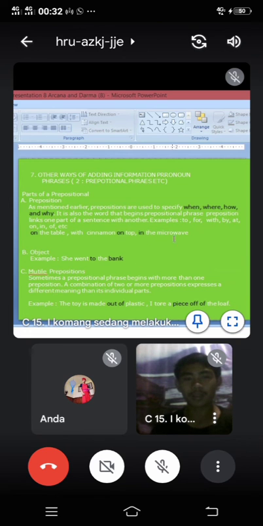The example: to, for, which, by, adds, on, in, of. On that table, with, on top, in the micro.